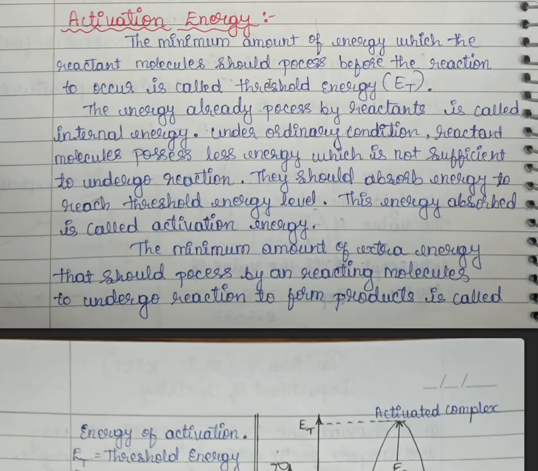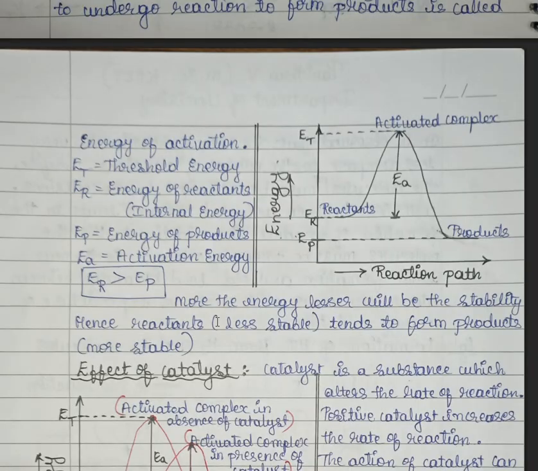Activation energy is the minimum amount of extra energy that should be possessed by the reactant molecules to undergo reaction to form products. That is, apart from internal energy, we have to supply some more energy to the reactant molecule to meet the threshold energy to form products. Hence, internal energy plus energy of activation will be equal to threshold energy.